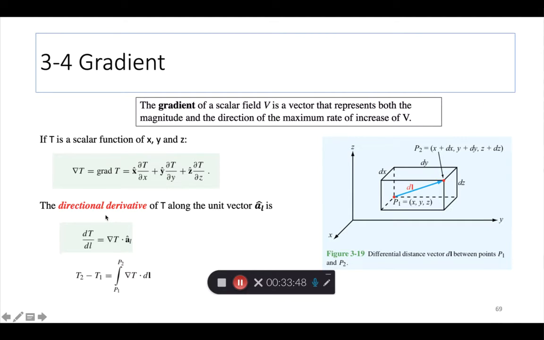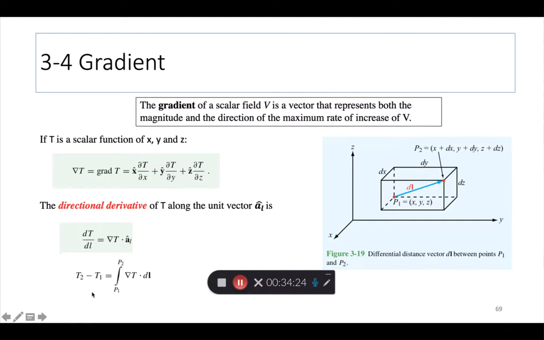There is another thing that we talk about, which is the directional derivative of T. To get that, all you need to do is to take the grad T that you calculated here, do a dot product with a unit vector along a certain direction, only need the unit vector along that direction, and then you can say the directional derivative dT by dl along that length is this product.